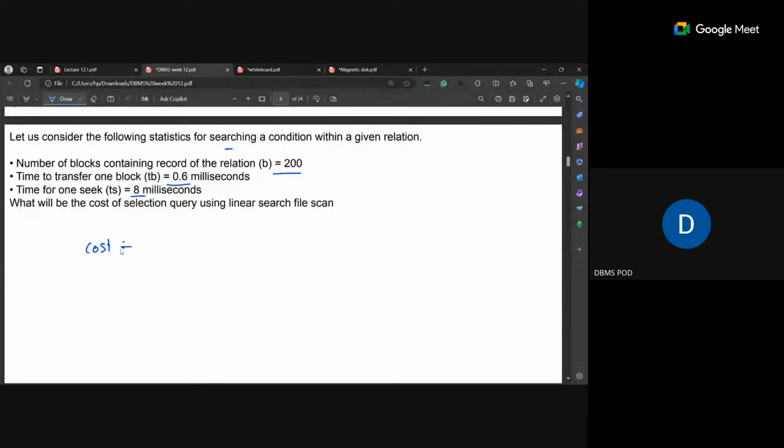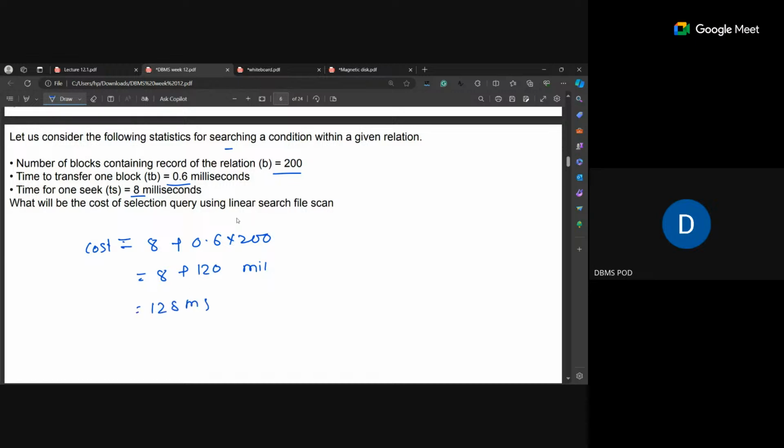8 millisecond plus 0.6 into 200. So it will be 8 plus 0.6 into 200, which is 128 millisecond.